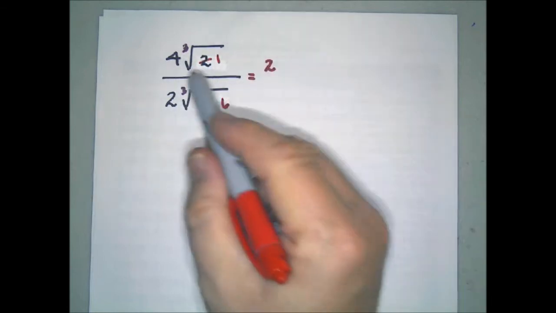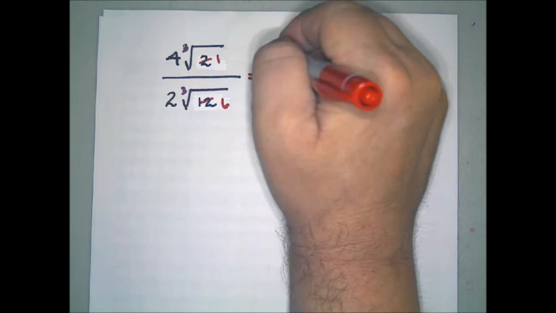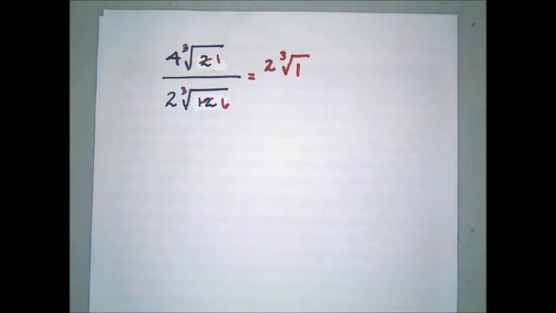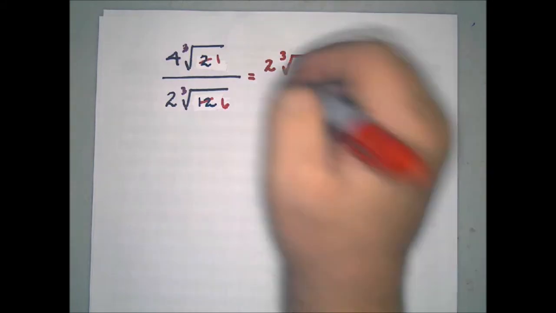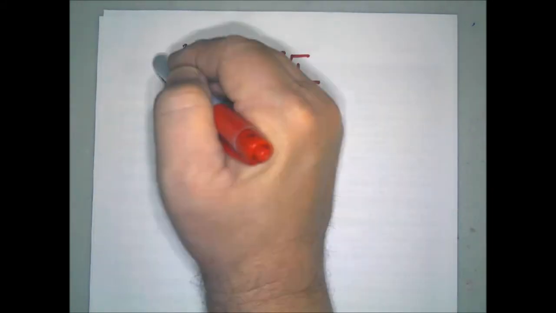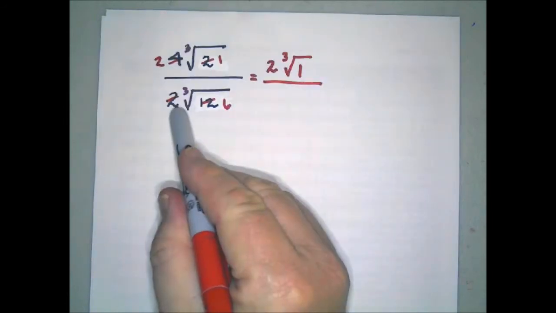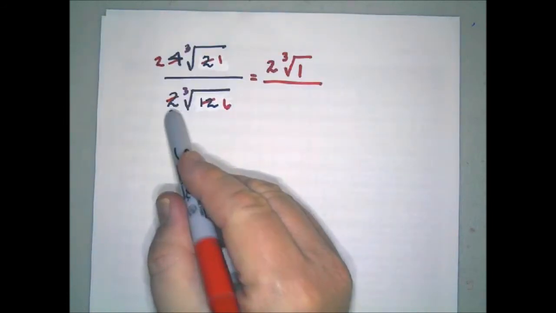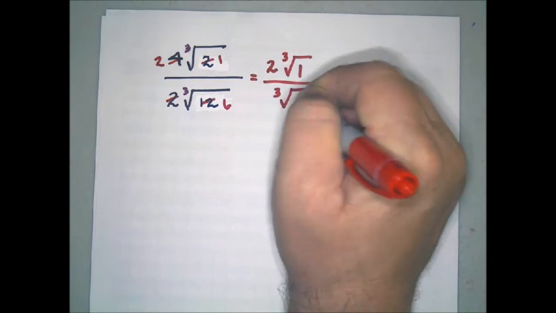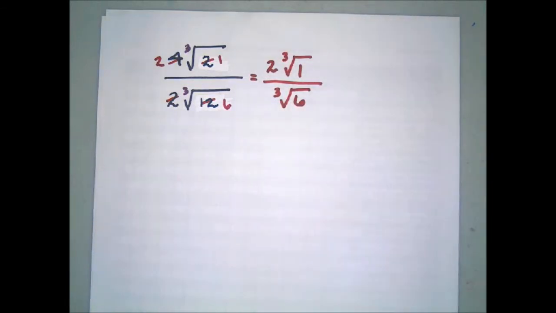So this would be 2 with a cube root of 1 up there. And remember, this 4 over 2 reduced to 2, so that 2 down there is gone. The only thing I'm left with now is cube root 6 down here.